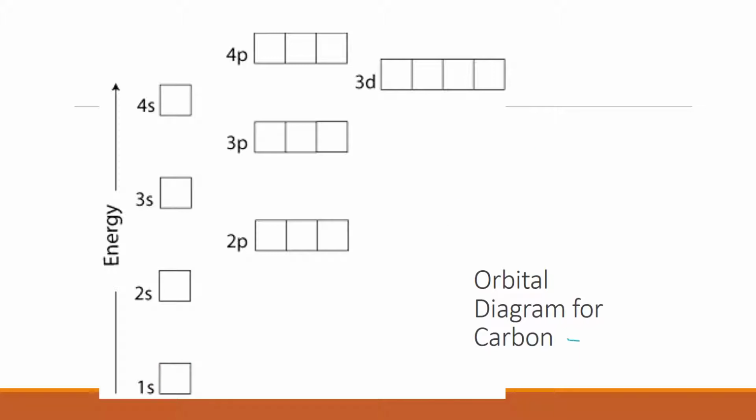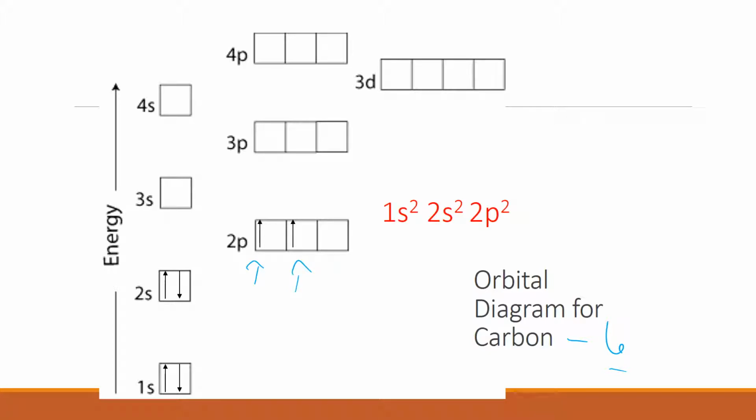So carbon has 6 electrons. So 1, 2, that fills the 1s, 3, 4, that fills the 2s, and we have 2 more. The first one goes into the first suborbital of 2p, and then due to Hund's rule they spread out, so the next one goes right there into the second suborbital.